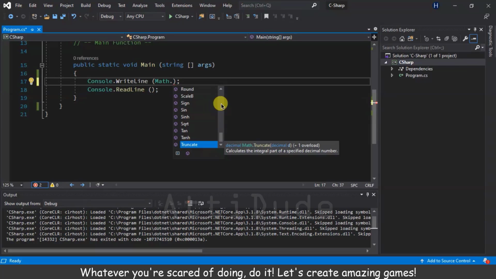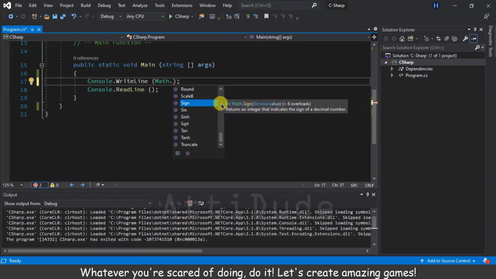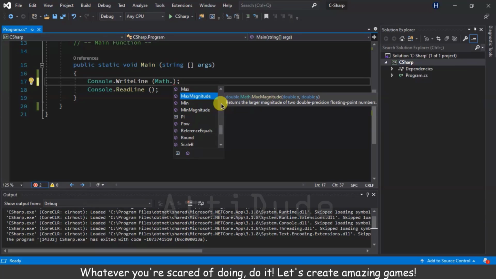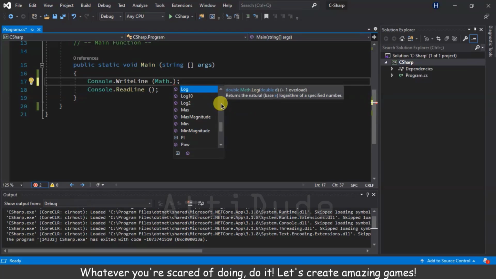So I recommend using math only in test projects. If you know it really well, you can use it in any project. It's your choice. You can even do magnitude, logarithm, as we have.